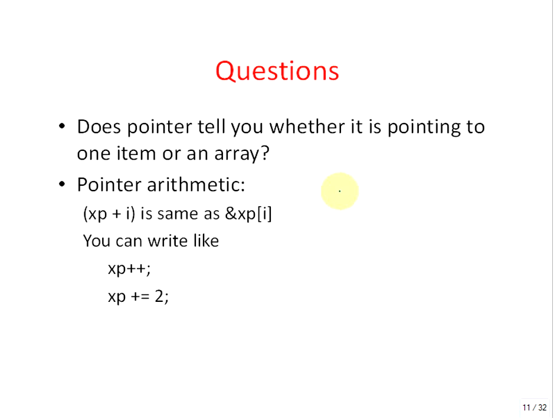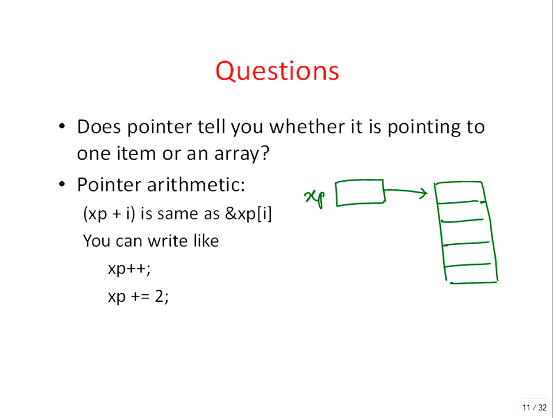Yeah, so let's see, xp is pointing to the dynamically allocated memory. Now when you say xp of i, it means the ith index. Let's say this is i. When you say xp of i, it refers to this value, the item at this index.